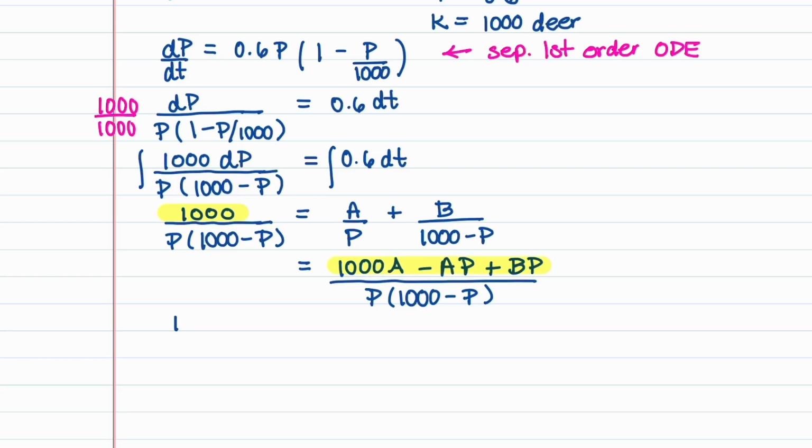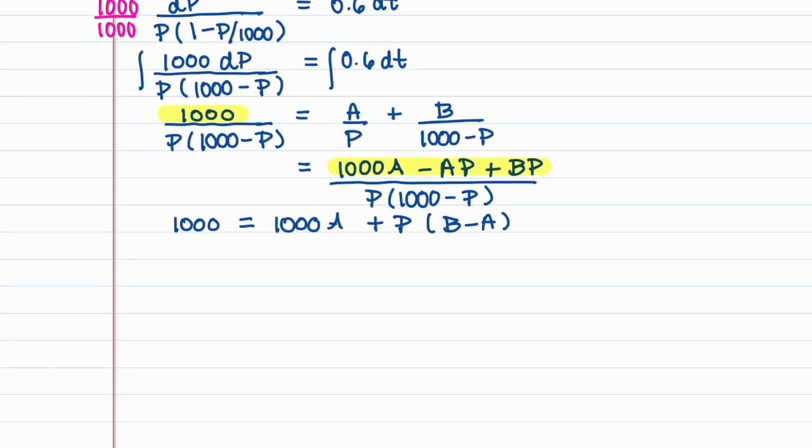Let's write that down. We have 1,000 is equal to 1,000 times A, and then let's factor out a P, and we get B minus A. Just to make this easier, I am going to rewrite the left-hand side like this.